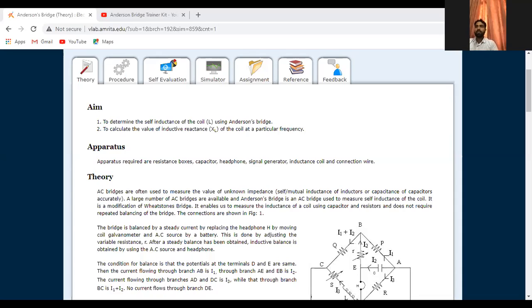What is the difference in the Anderson bridge as compared to the previous ones? We've already talked about Maxwell and Hay's bridges. In comparison to them, we have something additional here. What is that additional thing?